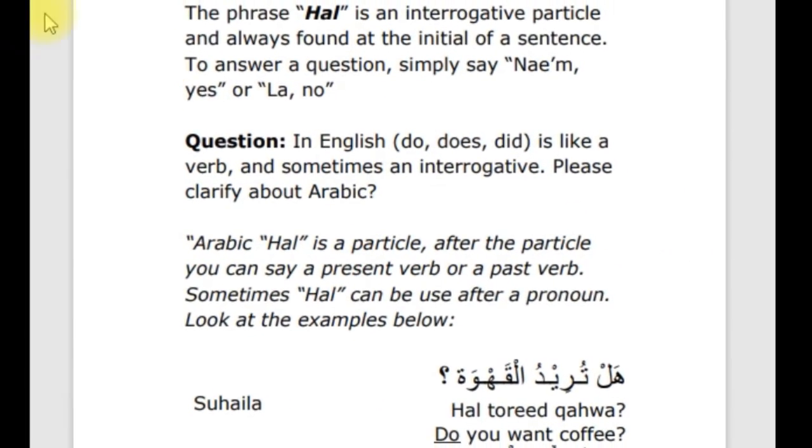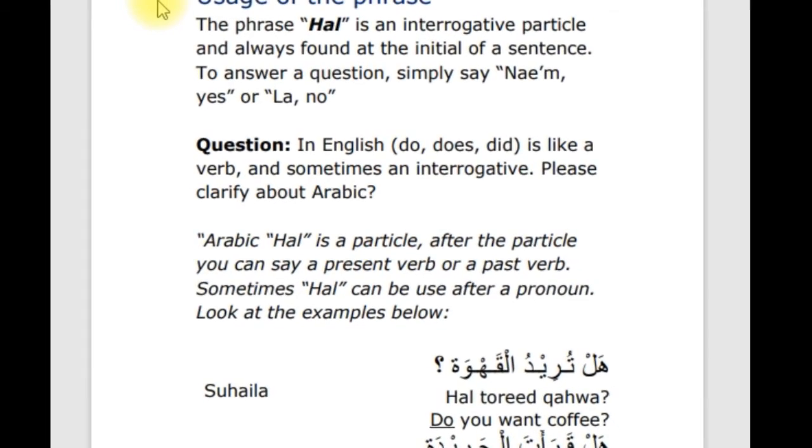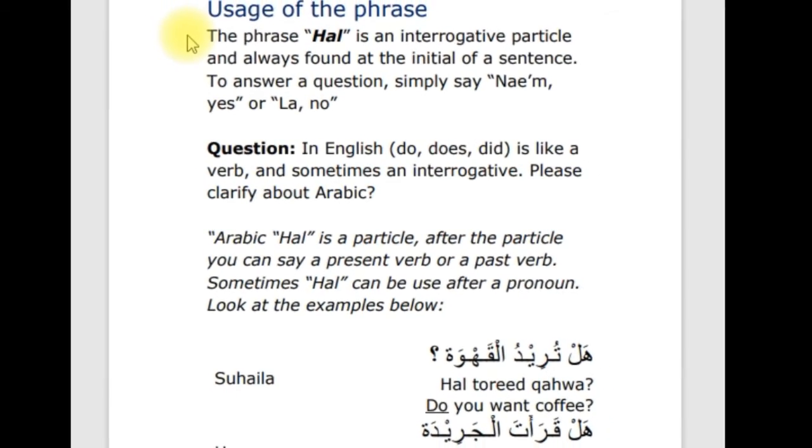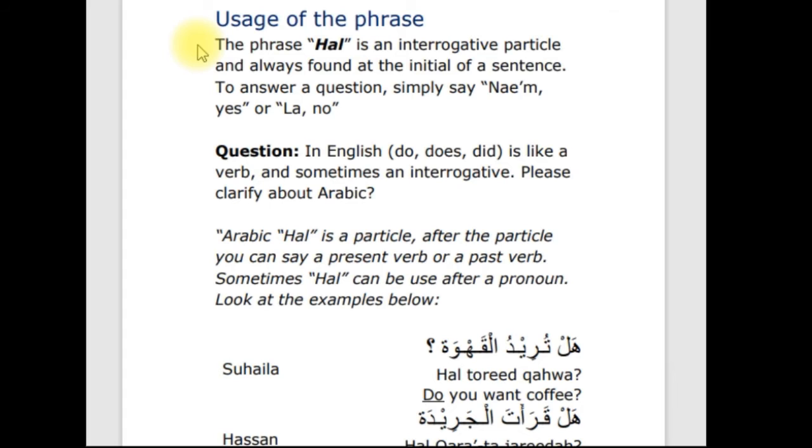Usage of the phrase. The phrase hal is an interrogative particle and always found at the initial of a sentence. To answer a question, simply say na'am means yes or la means no. In English, do, does, did is like a verb and sometimes an interrogative.